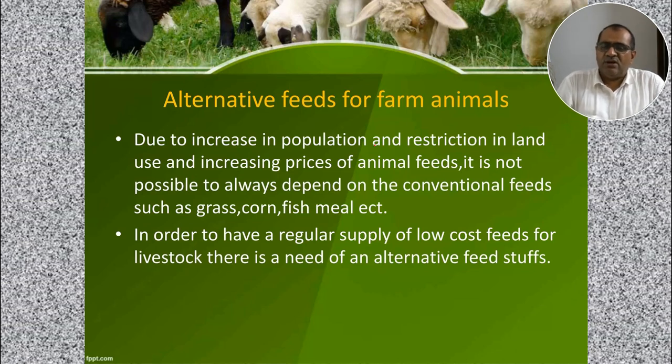The reason we need to go for alternative sources of feed for farm animals is that there is a scarcity, especially of fodder, due to the increased population and restriction in land use. Because of the increase in the human population, the land meant for grazing of cattle is drastically being reduced due to urbanization and also due to increased cultivation.